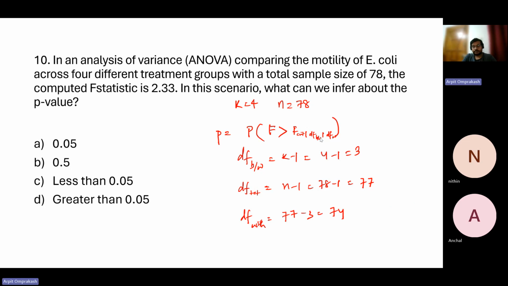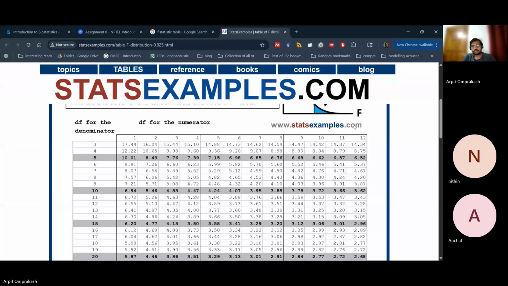I'll just reshare my screen. So if you guys can see here, for our numerator, we'll have the degree of freedom between, which is based on the number of groups, and which is basically 3 for us.